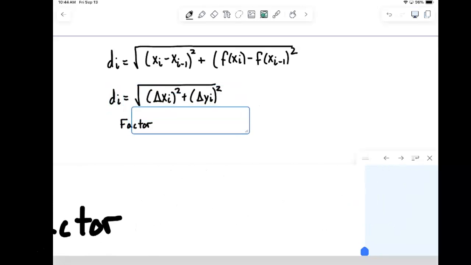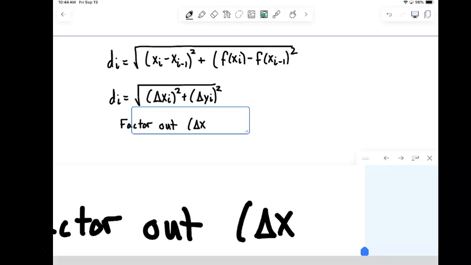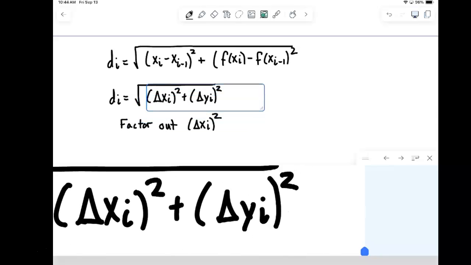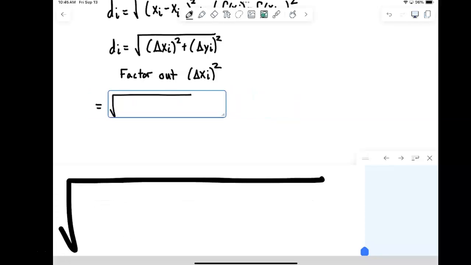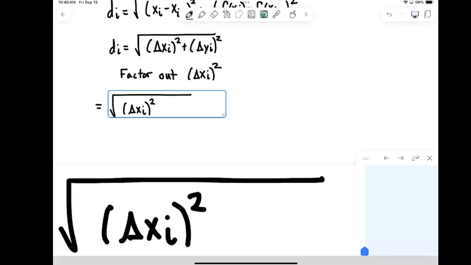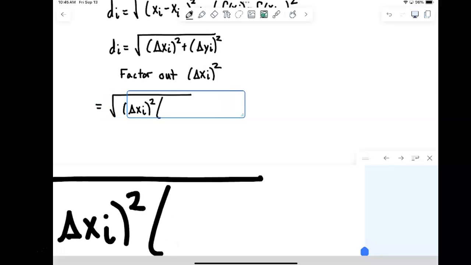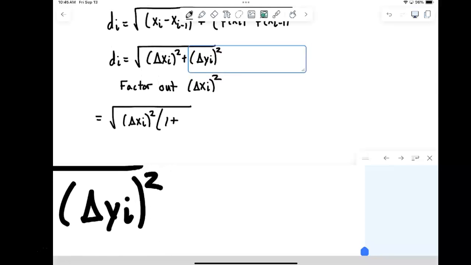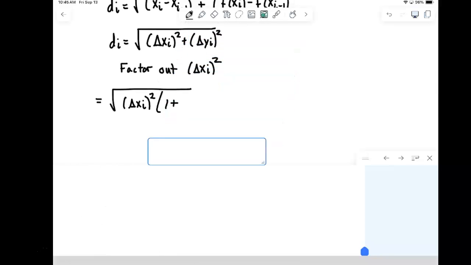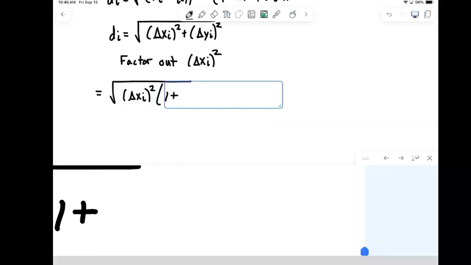So to put this into a better format, particularly to get what will eventually become dx outside of it, what we do is we factor out the delta xi squared from both pieces on the inside. And so that's going to give me the square root of delta xi squared times 1, and then we factor a delta xi squared out of the delta yi, but the delta yi squared doesn't have that.